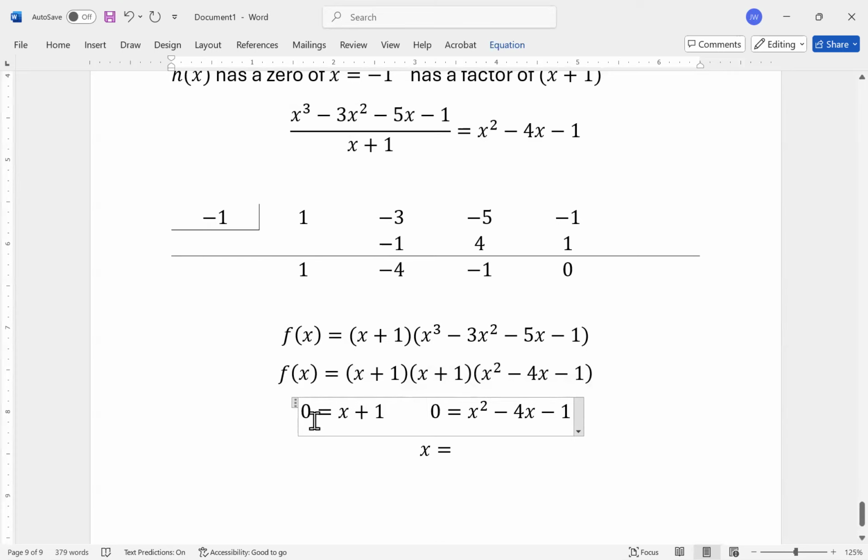We can also solve for x when x plus 1 is equal to 0. And then we'll solve for x when the quadratic is set equal to 0.